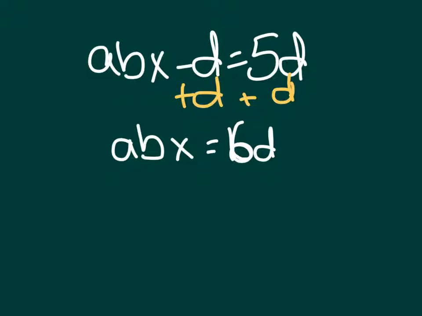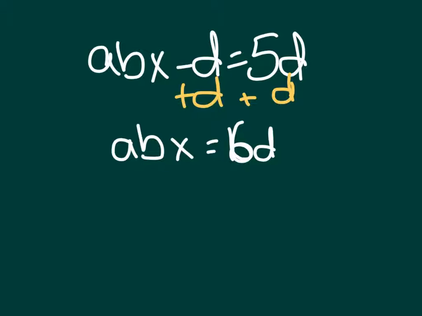I didn't tell you what I'm solving for. I'm solving for x. Now I look at a, b, x, they're all together. If I divide by, let's say, b, then I'm going to have to divide again by a to get them alone.